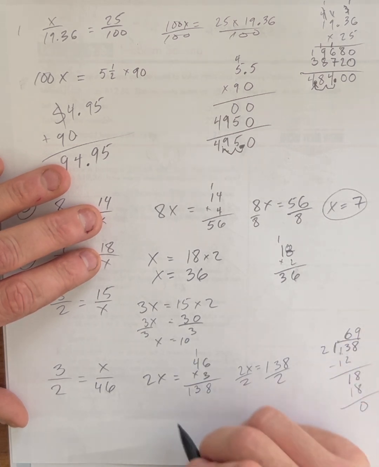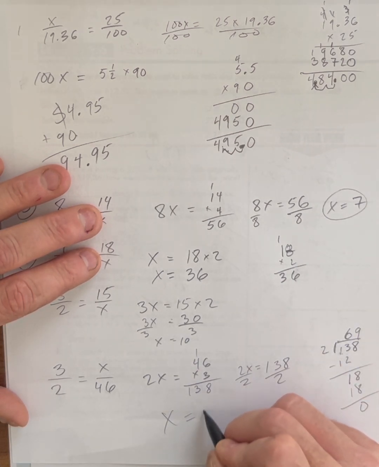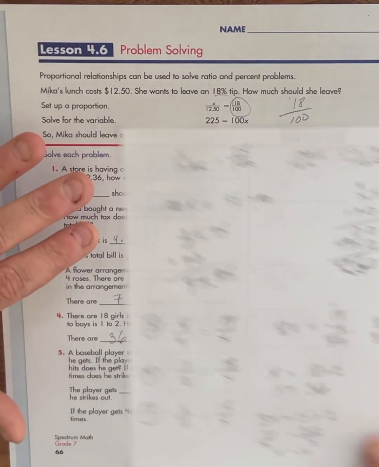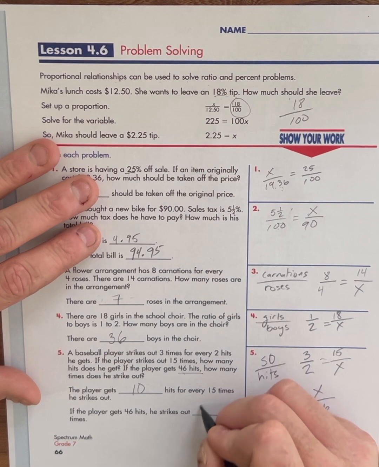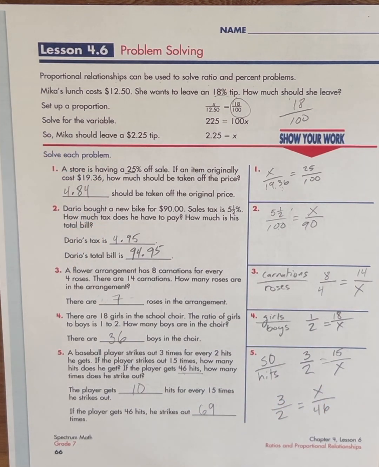Okay, so x equals 69. If he gets 46 hits, he strikes out 69 times. Okay.